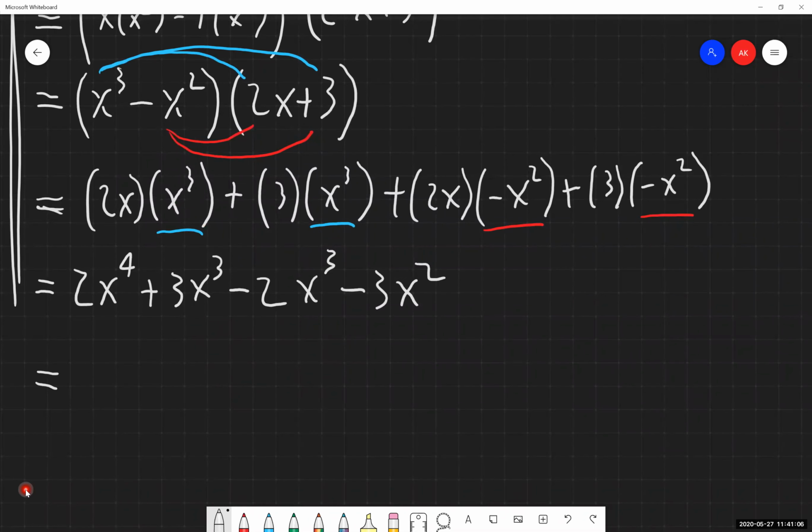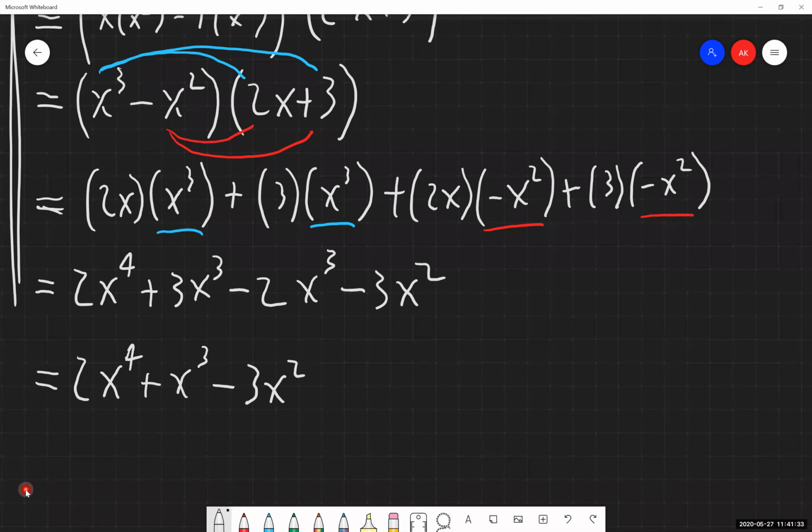And now from here, combine like terms where we can. I don't have any x to the fourths, so the term is going to stay as it is. We then have 3x cubed minus 2x cubed. So 3 minus 2 is going to give me 1 x cubed. And then this minus 3x squared at the very end, I can't combine that with anything else.